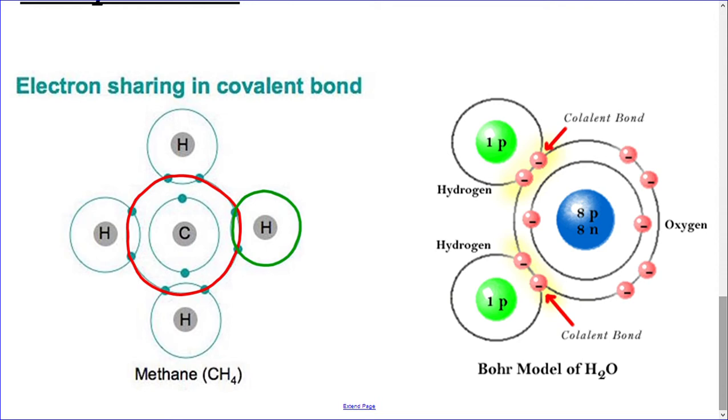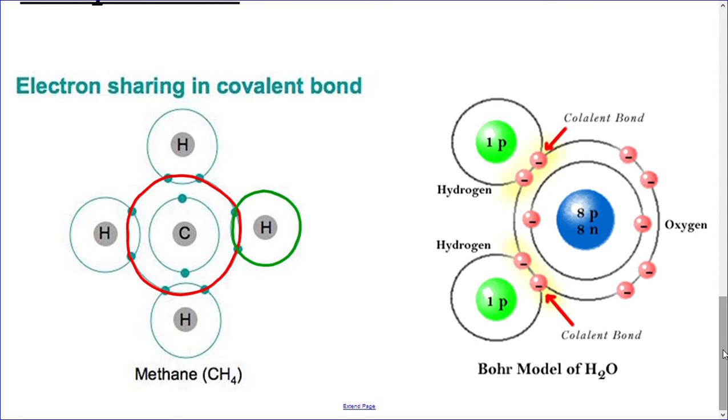Molecular compounds use covalent bonds, these ideas of sharing electrons, to maximize the strength of their individual elements by fulfilling their shells. I can take a look at water. It's the same thing. We have an oxygen atom in the middle, and oxygen has 2 electrons in that first shell, and normally it has 6 outside of that.